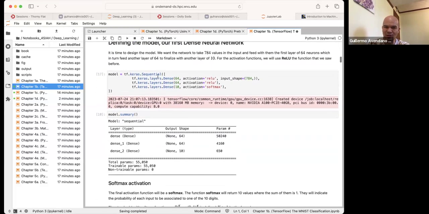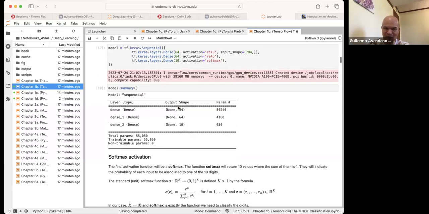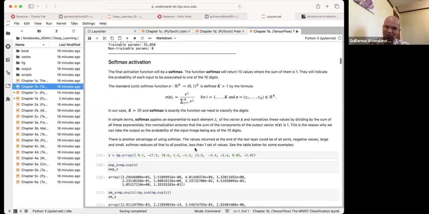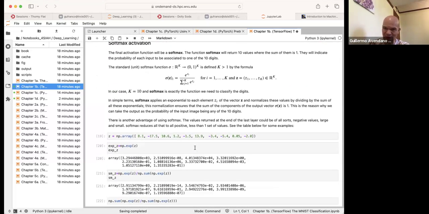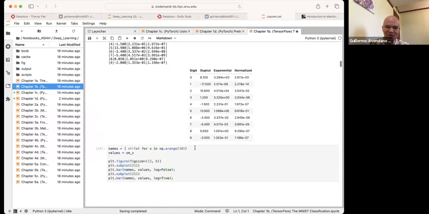I will be using a network that takes 64 neurons into another hidden layer with 64 neurons, to at the end classify with a softmax, 10 options, 10 probabilities that add to 1, to get a classifier. This neural network has a total of 55,000 parameters. And here is the description of the softmax, with how I need to have at the end probabilities that add to 1.